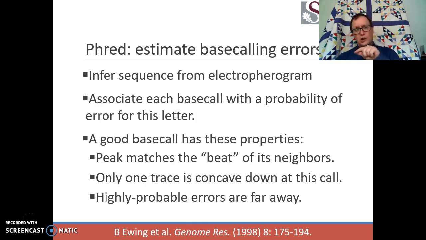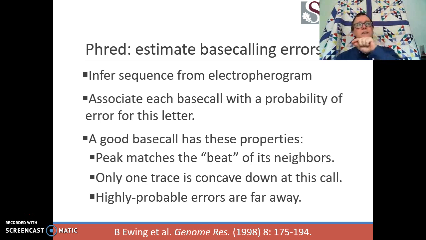Next, we want to see that only one trace is concave down. Now, we could talk here about the second derivative of the overall intensity signal, but I don't want to lose everyone, and it might be after lunch, so you never know. So let's talk instead about concave down as being an arc that has a maximum value in the middle and touches down to the baseline on either side.